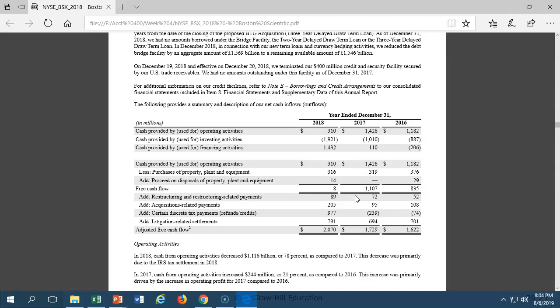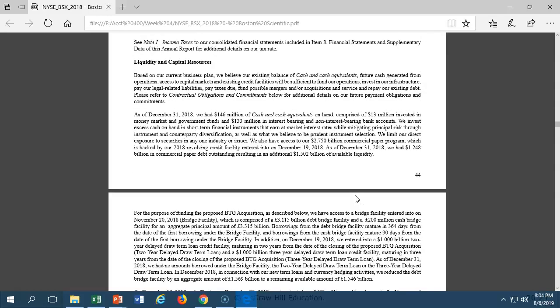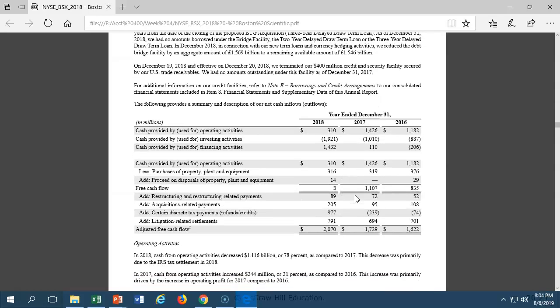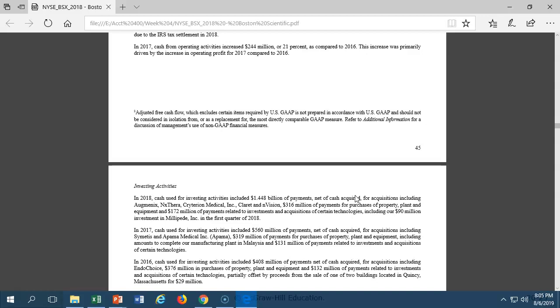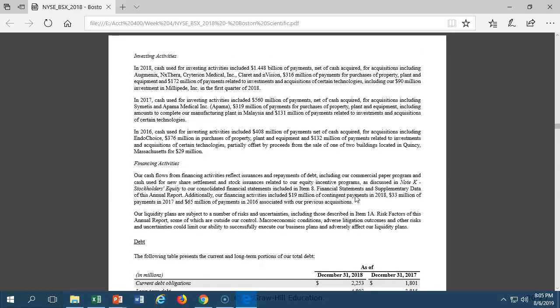So I just noticed on this one, it did have a section, this is not even the cash flow statement, but it had a table or a schedule of information that you probably would have got off your cash flow statement, and it looks like they did even a write-up on operating activities, investing activities, and financing activities.